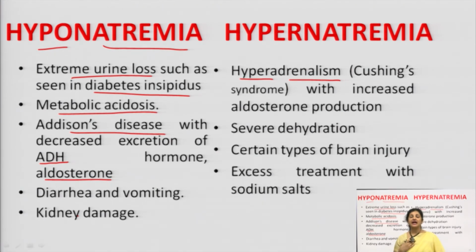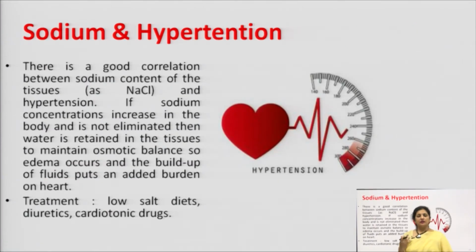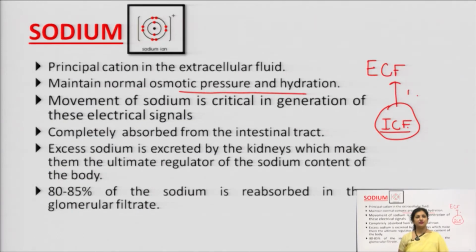So we study that sodium ion has so much importance. We need to maintain the proper concentration of this electrolyte in our body so that different physiological functions run smoothly. The very important role the sodium ions play is in the hypertension. I'll just go through the fate of the sodium.